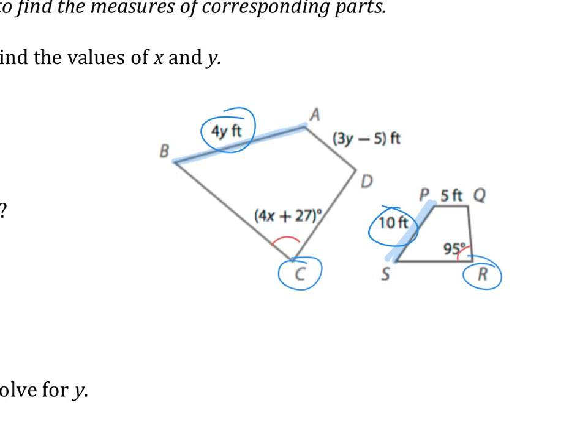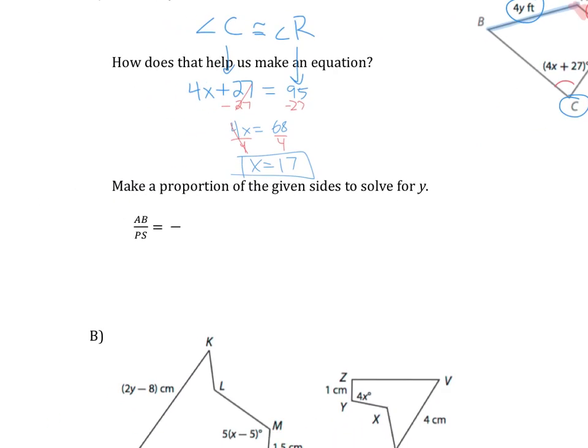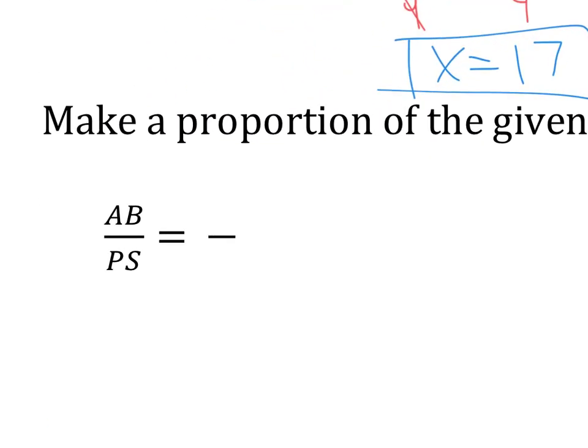So what other side does ABCD have? Well, if you look right up here at the top, AD has 3y minus 5. And so AD corresponds with PQ. So AD and PQ.